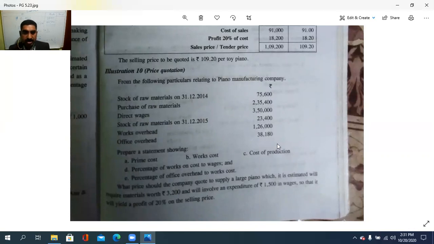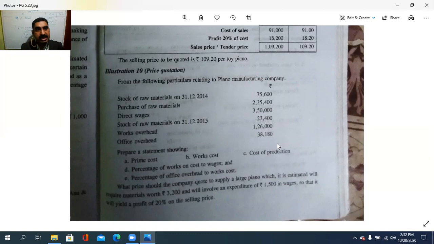Suppose the material requires 3,200 and the expenditure on labor involves 1,500 for supply of a large piano. How much is the cost price, or how much is the profit of 20% on the selling price?